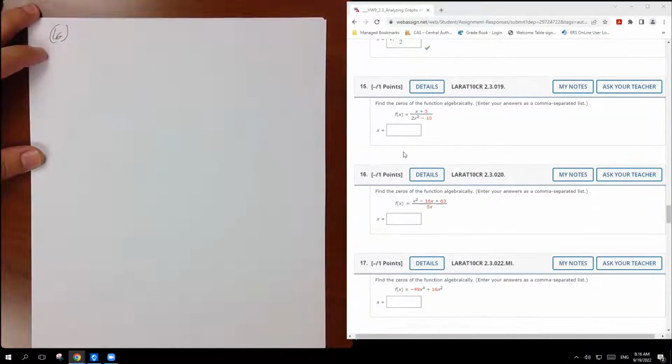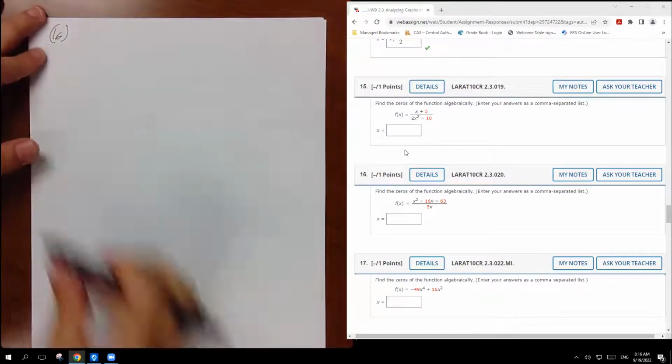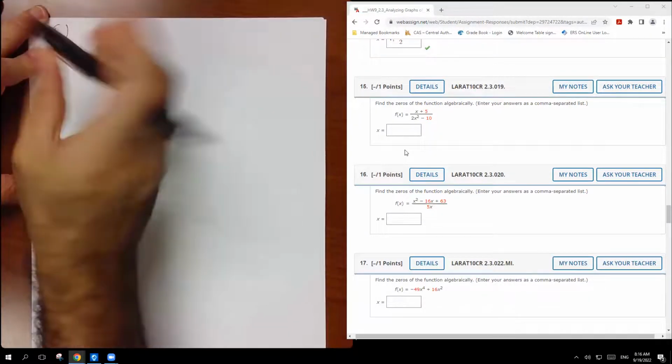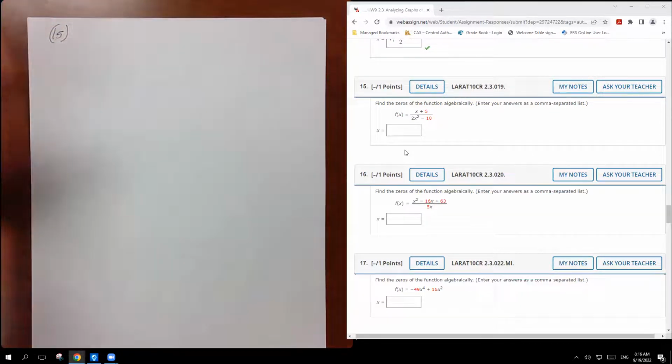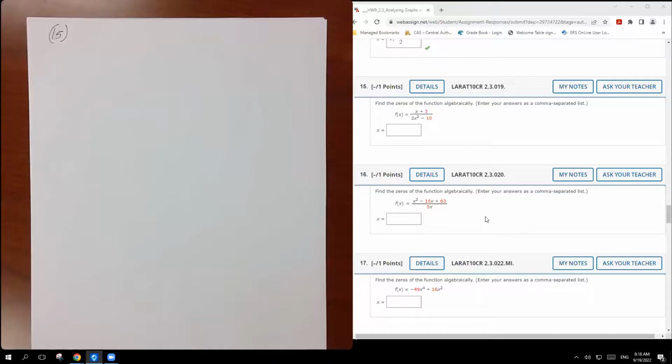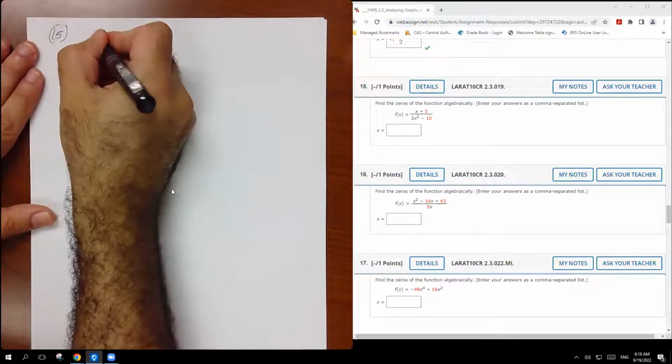Sorry, not 16. Okay, example 15, we have f of x, also find the zeros.